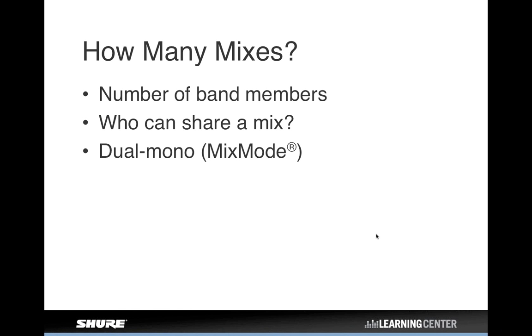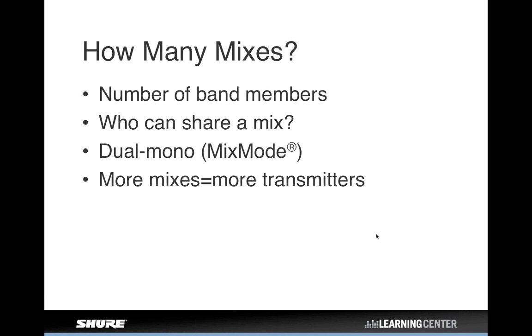We wanted to talk about the mix mode feature here too. One way that you might be able to save money is by going into a mono listening environment. Now, a lot of people think of in-ear monitors as stereo devices, right? Where you hear a stereo image panned across the left and the right, just like when you're listening to stereo music out of your iPod or stereo loudspeakers at home.